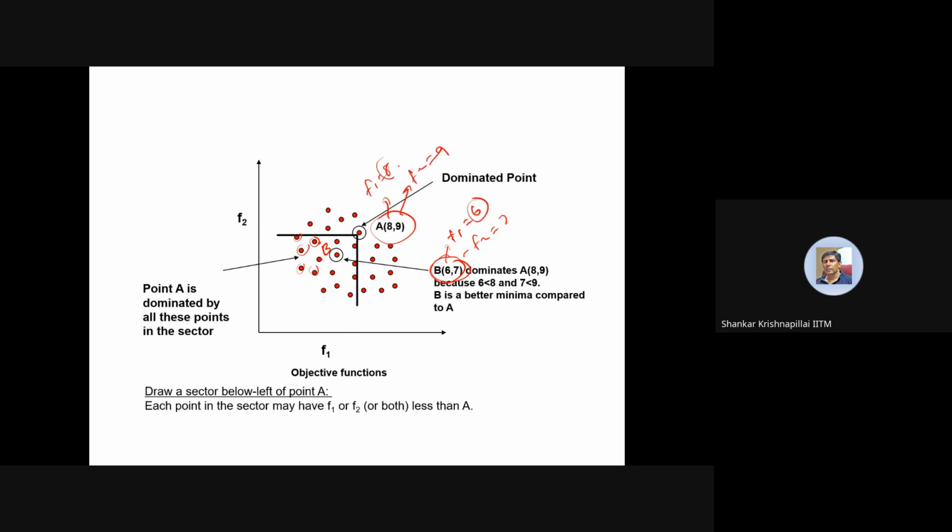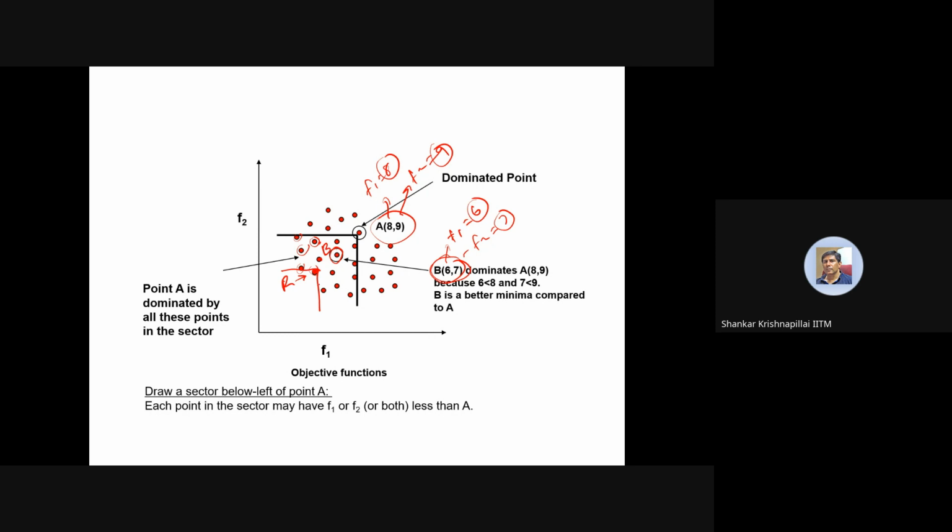So 6 is less than 8 and 7 is less than 9. B has minimized f1 and f2 better than A, so B is better than A. And another point, if you take, okay, R. This point is R.